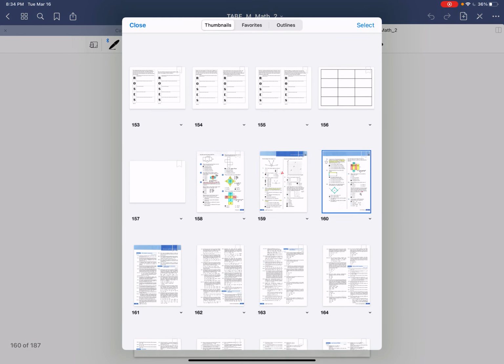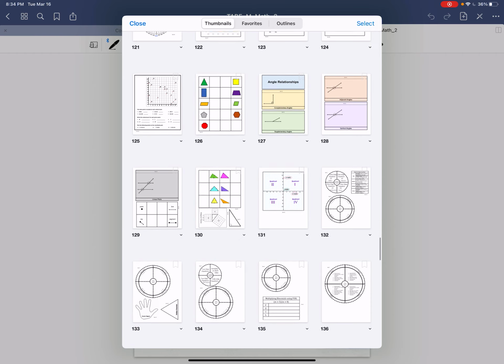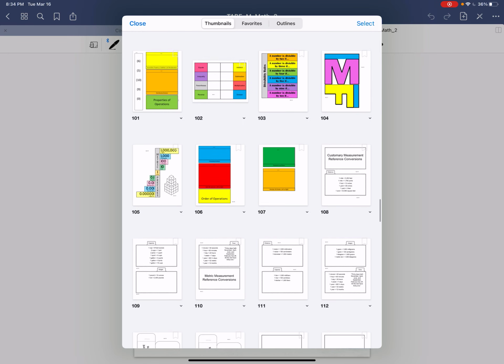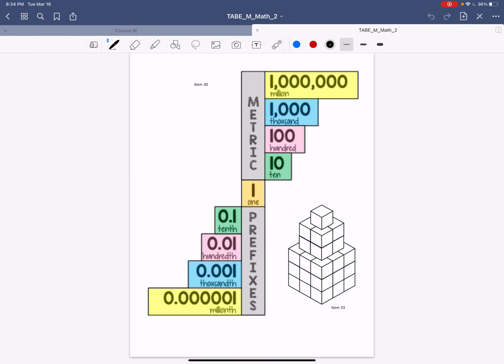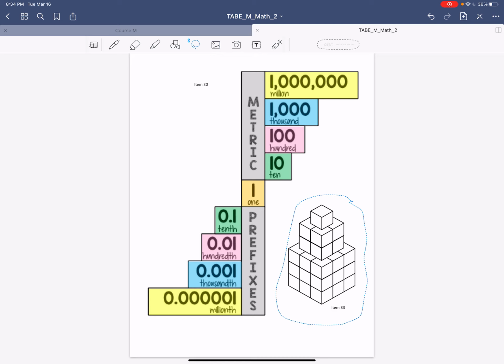Okay, where did he go? Hopefully you have already cut yours out and are not having to hunt like I am. There he is. I apologize for that. I should be better organized.